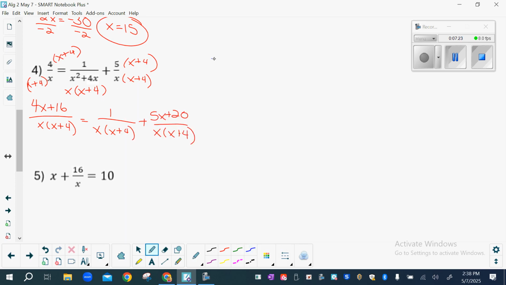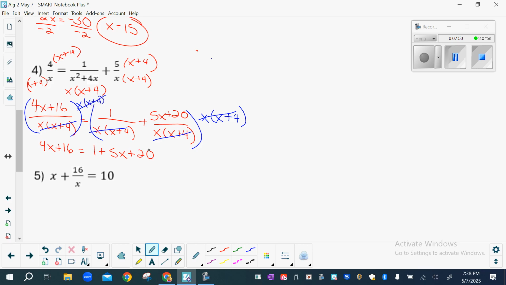Get rid of that denominator. Denominators go away, which we like, and we get 4x plus 16 equals 1 plus 5x plus 20.